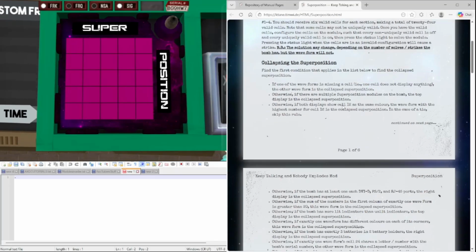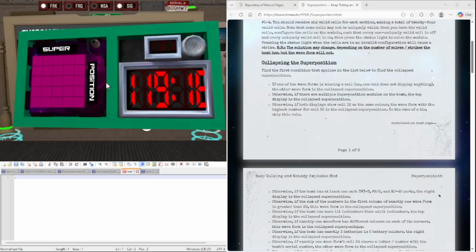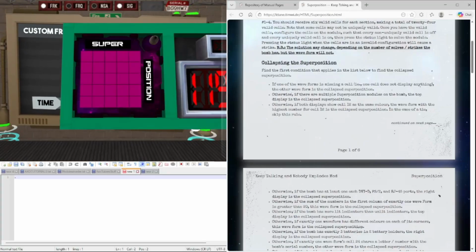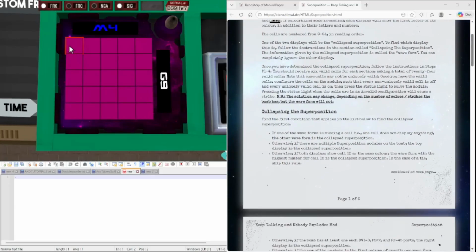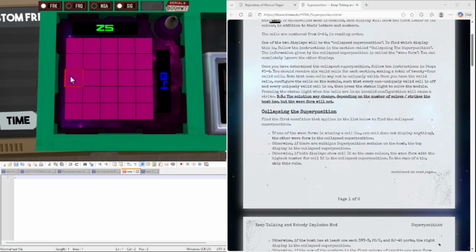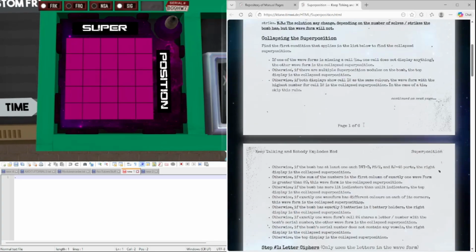There are multiple superposition modules on the bottom. To display this collapse superposition, we only have the one. Both displays show cell 12 in the same colour. That's numbered from 0 to 24. That's 0, 1, 2, 3, 4, 5, 6, 7, 8, 9, 10, 11, 12. So the middle one. That's not the same colour.